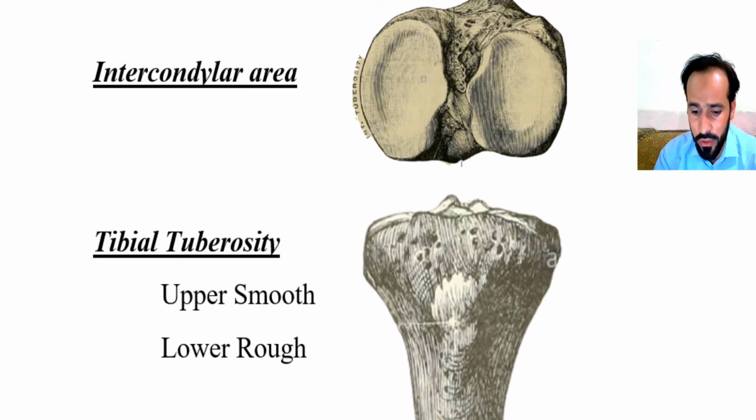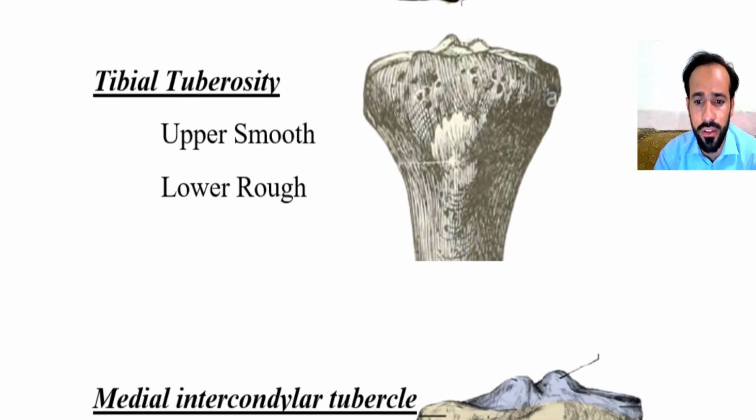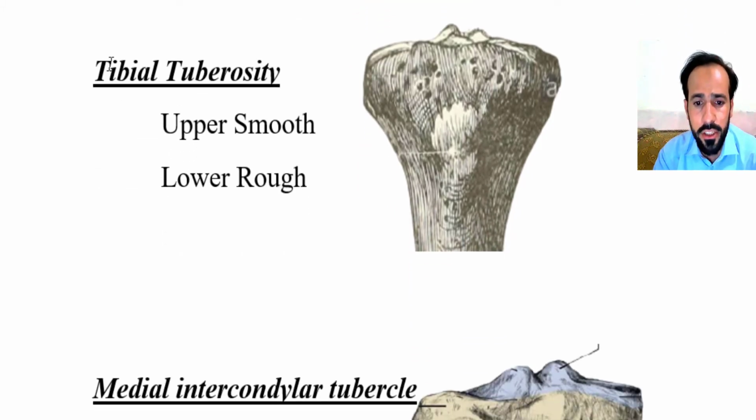Next important feature of the upper end of the tibial bone is the tibial tuberosity. Tuberosity means rough part, right? In this area, if you follow the pointer of the mouse, here is the tibial tuberosity, right? And I have written that the upper part of this tibial tuberosity is a little bit smooth, and the lower part is a little bit rough in nature.